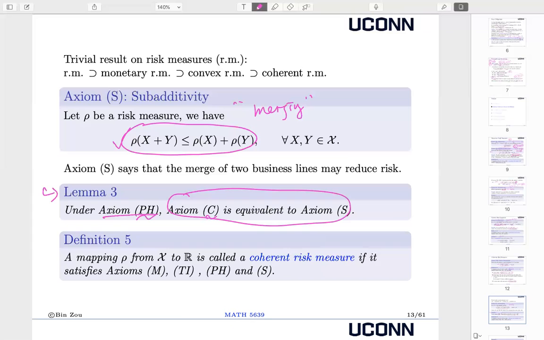So this gives the explanation for why companies merge, or why you put more than one stock in your portfolio. By this lemma, we can also define coherent as monotonicity, translation invariance, positive homogeneity, and sub-additivity. Again, this is questionable from time to time.